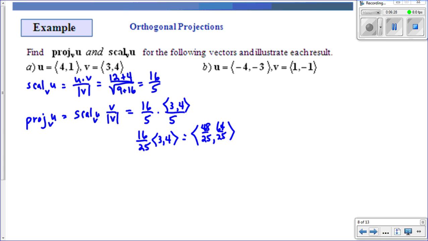Now let's see what this is geometrically. The vector 4, 1, and we'll project that to the vector 3, 4.